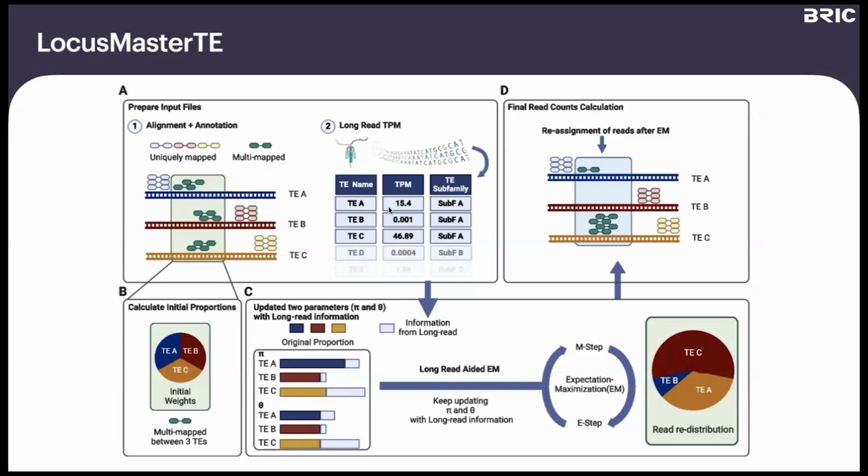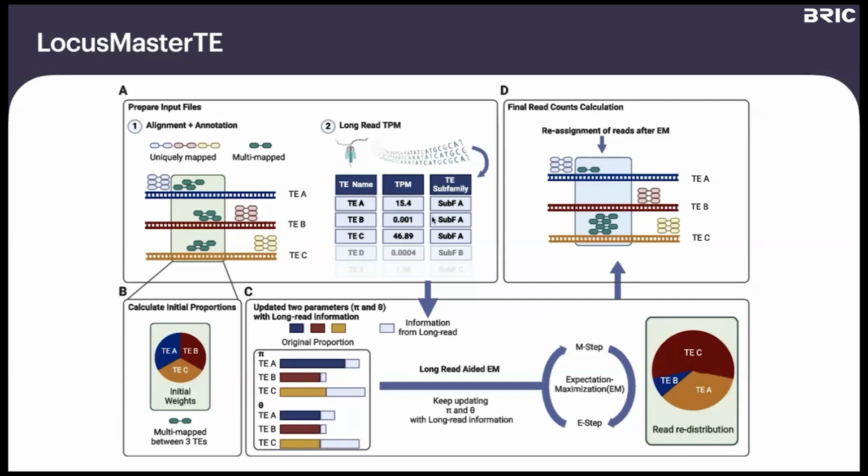Next, the long-read RNA sequencing, where either PacBio or ONT works, is aligned with its own alignment tool. Then quantification happens using featureCounts, utilizing the same annotation file used for the short-read RNA sequencing. An initial proportion is then calculated for each of the TE copies.